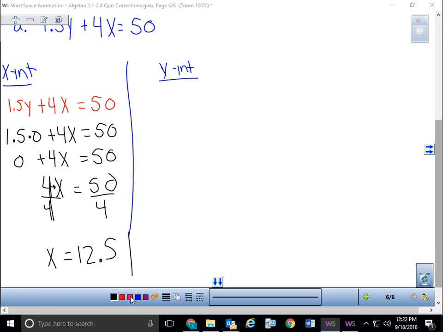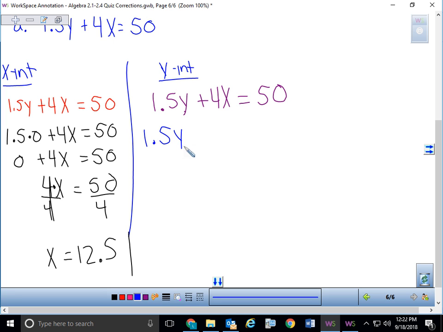Here, my y-intercept. So again, start with my equation: 1.5y plus 4x equals 50. Finding the y-intercept means you plug in 0 for x. So I have 1.5y plus 4 times 0 equals 50. Well, 4 times 0, or anything times 0, is 0.